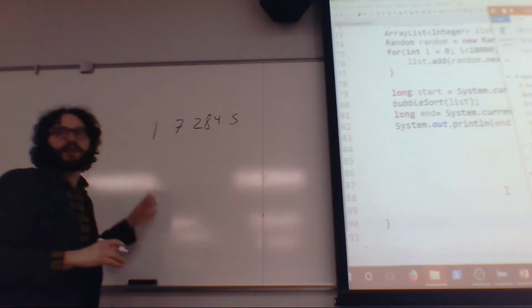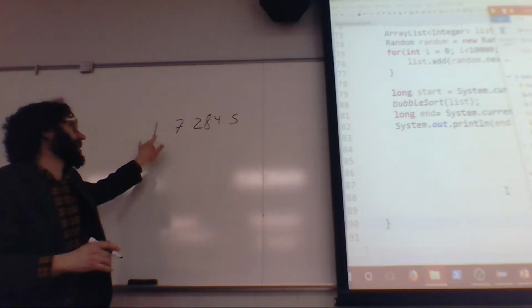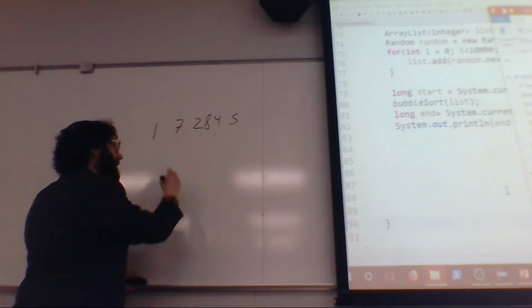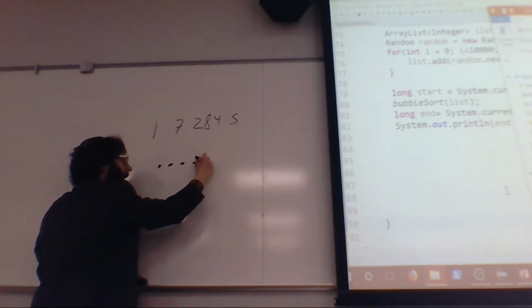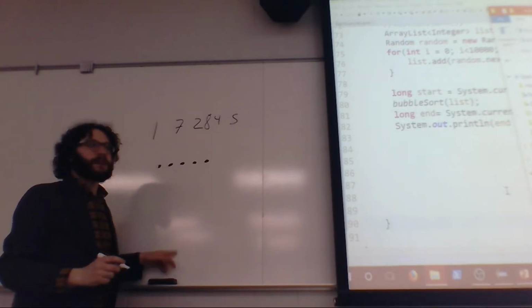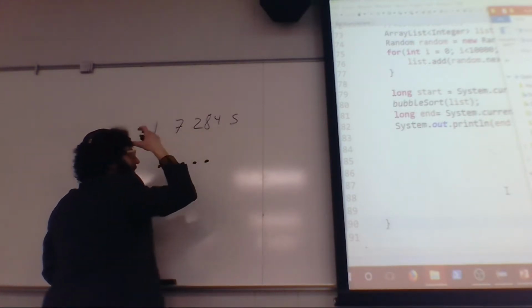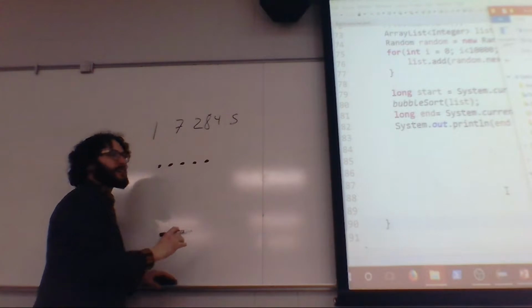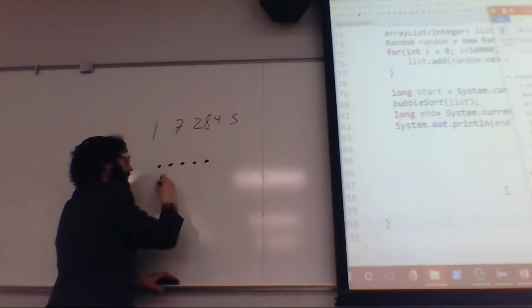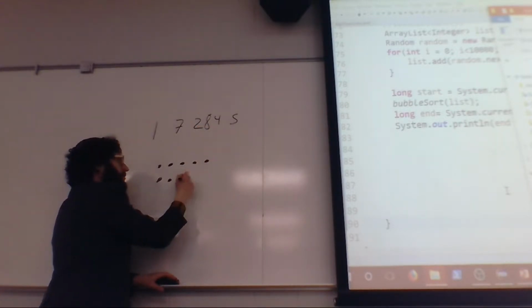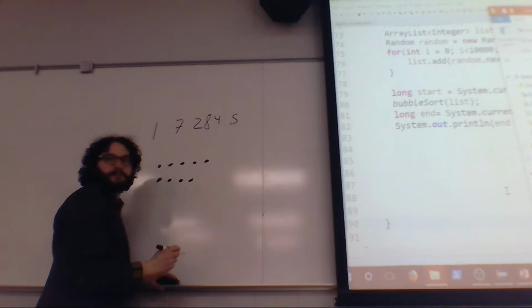In the first iteration we check 5 pairs against each other, 1, 2, 3, 4, 5. So we check these, and then 8 bubbles up to the top. Second iteration, 7 bubbles. 8 will be all the way over here, so we only have to check 1, 2, 3, 4 pairs.